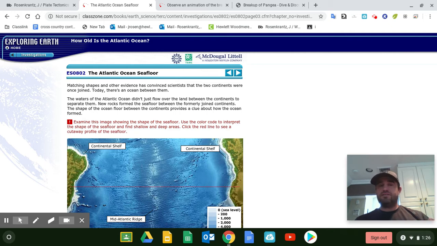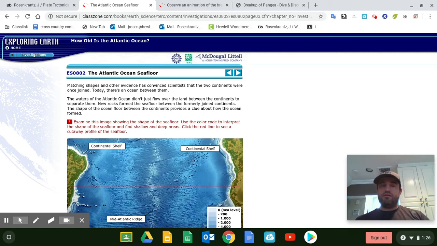And common sense would tell you that the oceans should be deepest in the middle, right? Because as we walk into the ocean, it gets deeper, deeper, deeper. So we would assume, based on common sense, that the ocean should be deepest in the middle. But actually, that's not true. The middle of the oceans were actually quite shallow, and the coastlines had the deepest parts of the ocean, called the trenches.